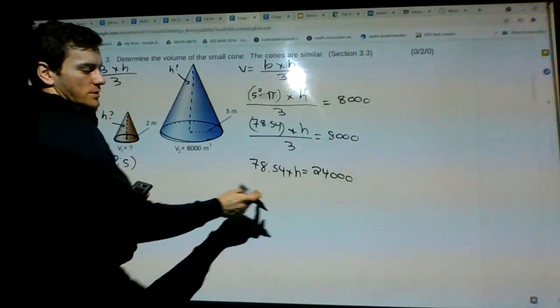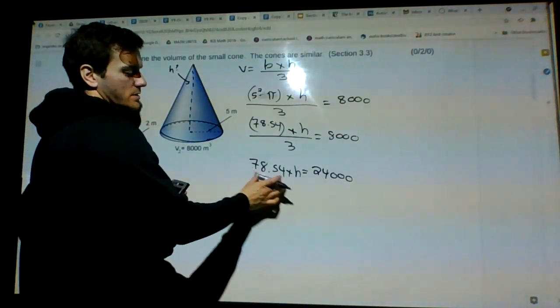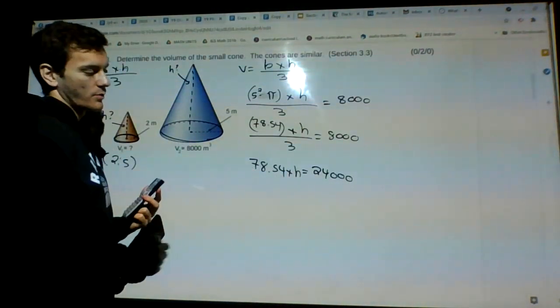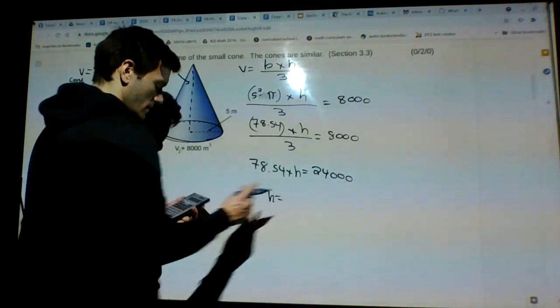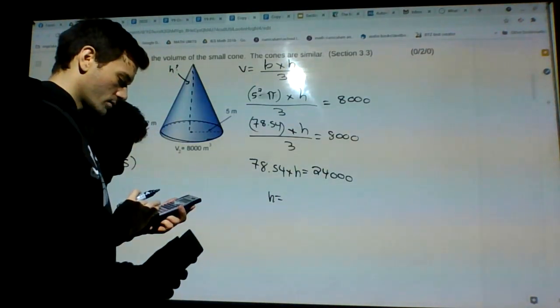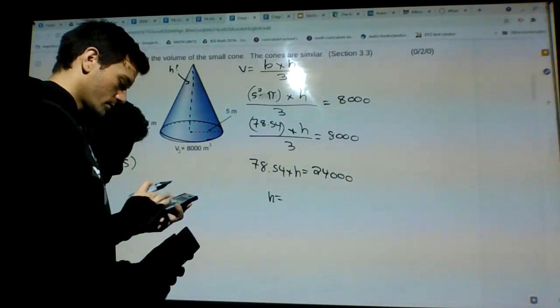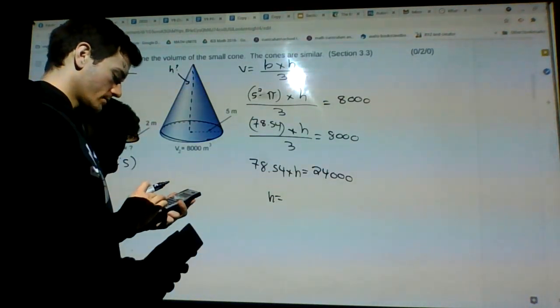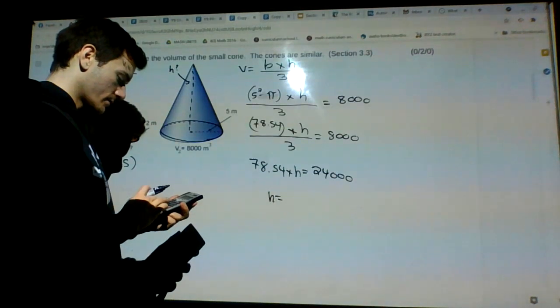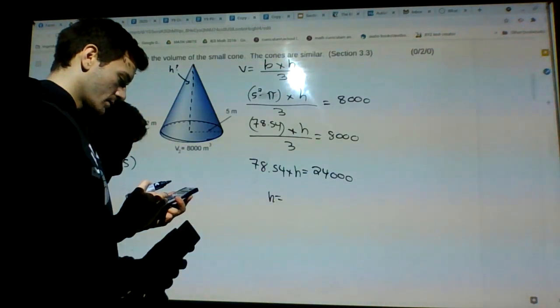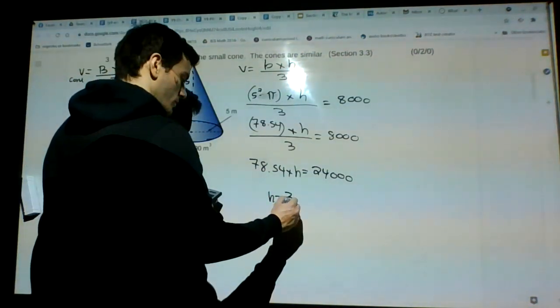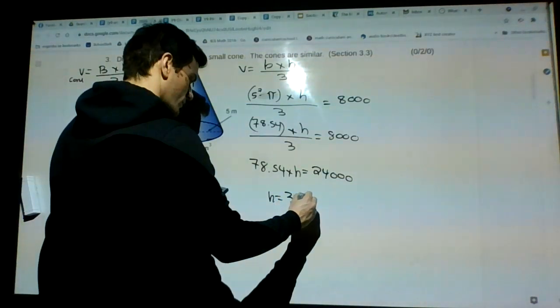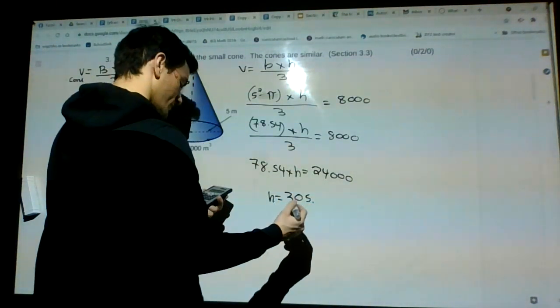And now to actually solve for h, I'm going to divide both sides by 78.54. So 24,000 divided by 78.54 gives me 305.58.